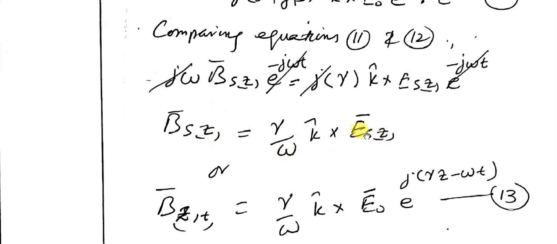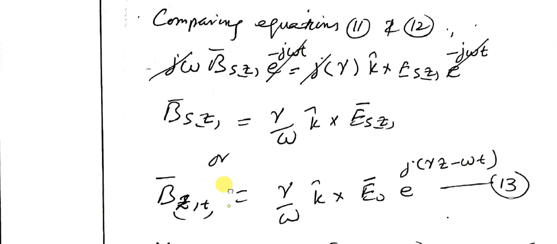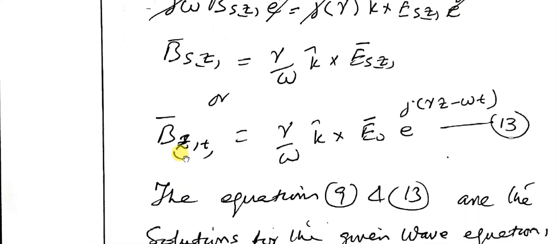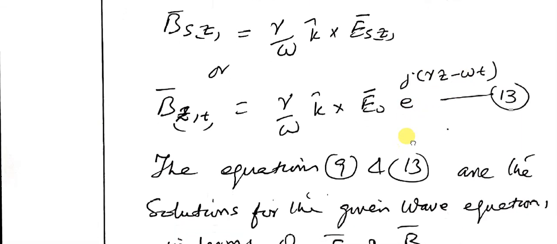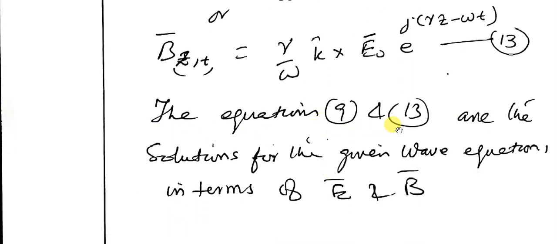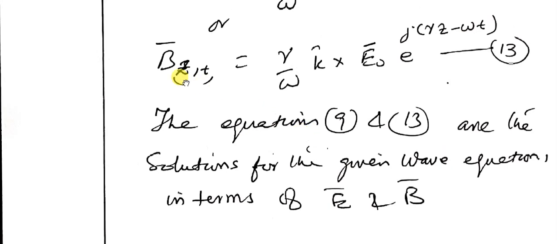Now putting that back into space and time both, we get gamma over omega k cross E naught e to the power j gamma z minus omega t. So the equations 9 and 13 are the solutions for the given wave equation in terms of E and B.